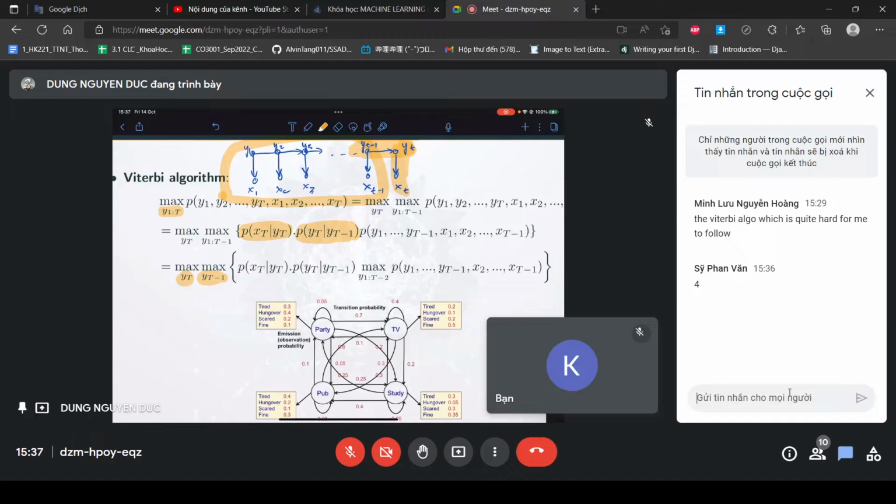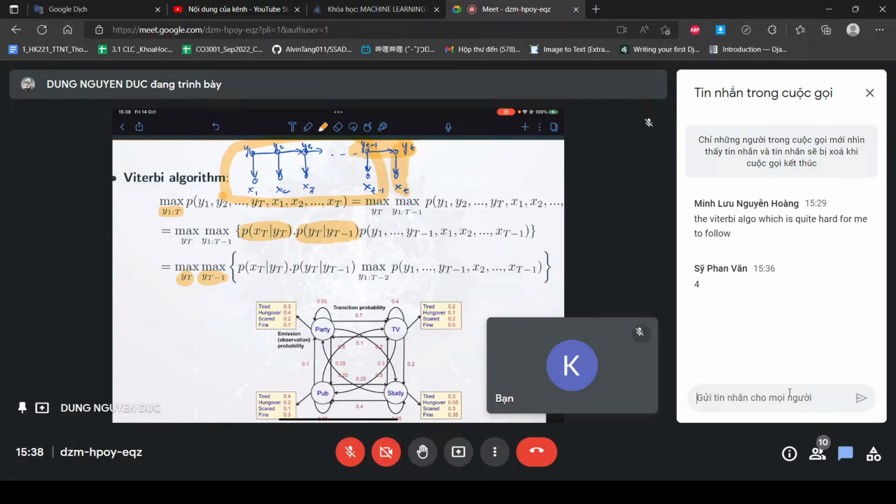I guess explaining in Vietnamese is easier, but I hope that you can get the idea. Previously, yt minus 1 has four possible states, and now yt also has four possible states. So if you want to maximize the sequence from yt minus 1 to yt, there are 16 combinations in total, right?